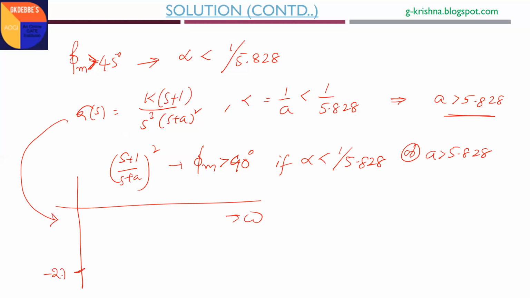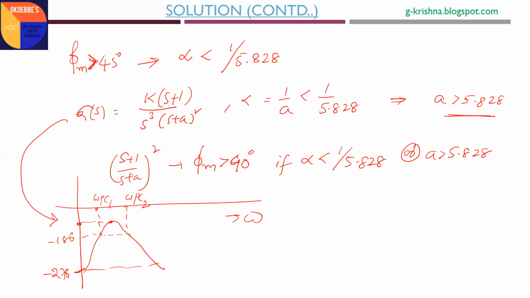It starts at minus 270 degrees, increases and decreases. Definitely this phase shift will go above minus 180 degrees. Then definitely the phase plot will cut minus 180 degrees for two frequencies.